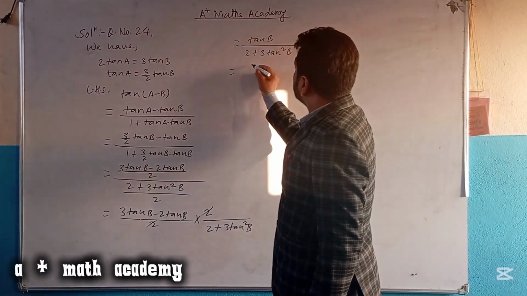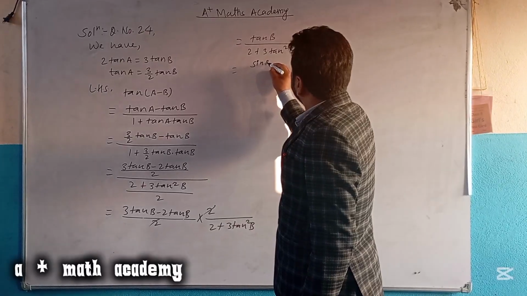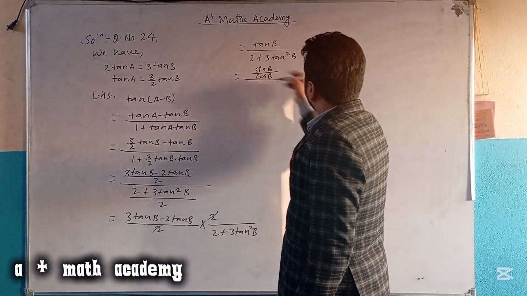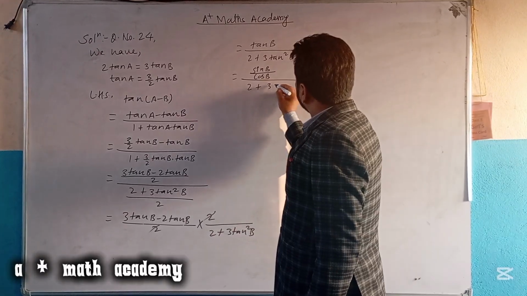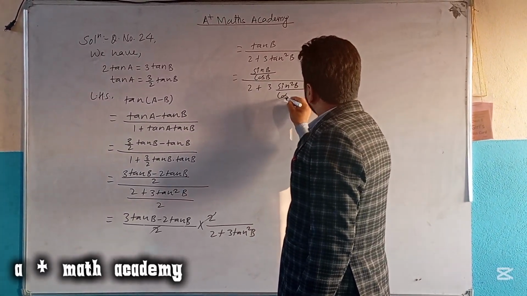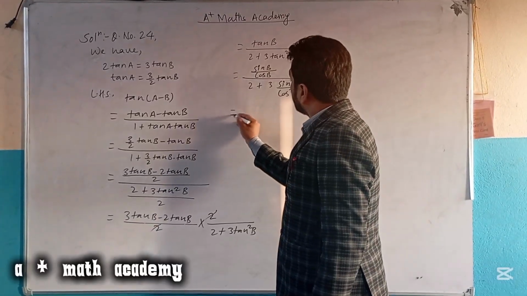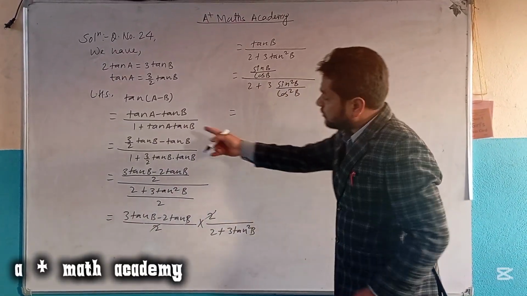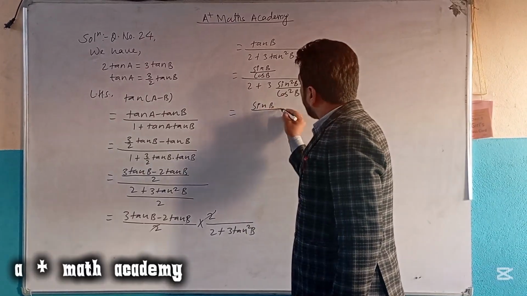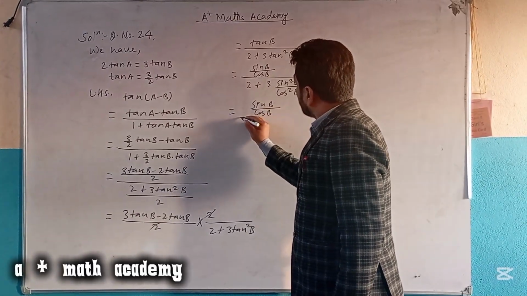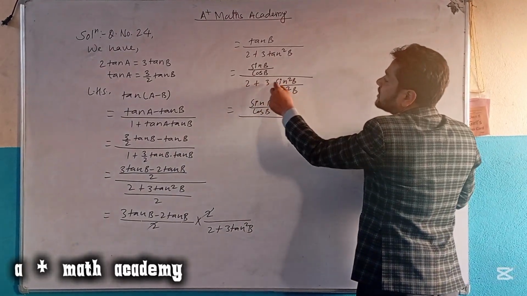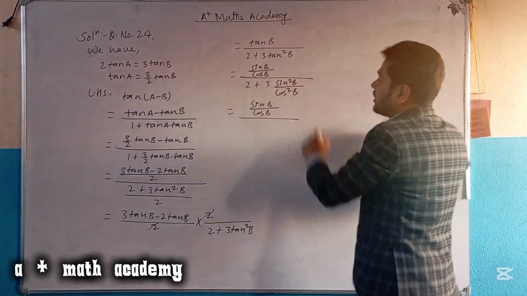So tan B equals sin B by cos B whole upon 2 plus 3 sin square B upon cos square B. Now the same thing we can repeat here: sin B by cos B whole upon, first we will add, 2 plus 3 sin square B upon cos square B.